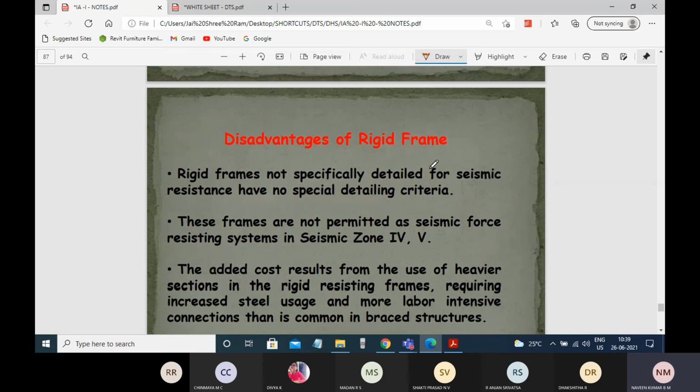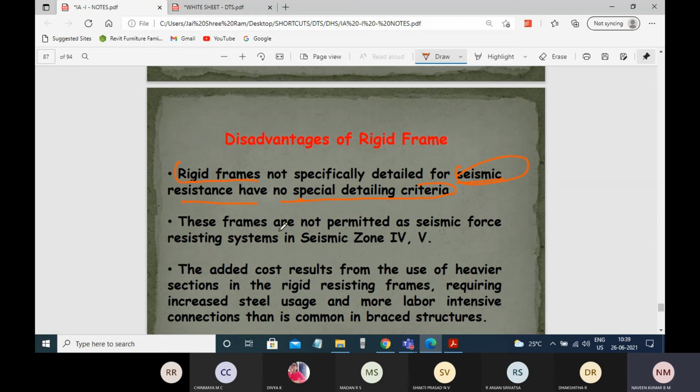And again we have disadvantages also. So here rigid frames are not specifically detailed for seismic resistance, with no special detailing criteria. So the code will not give any guidelines for the rigid frame designs for the higher seismic zones.